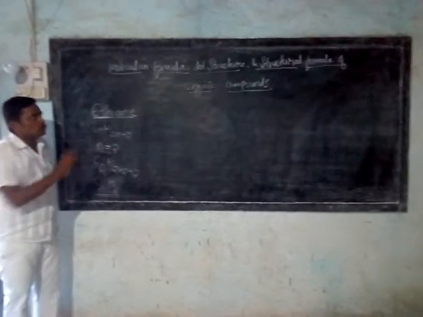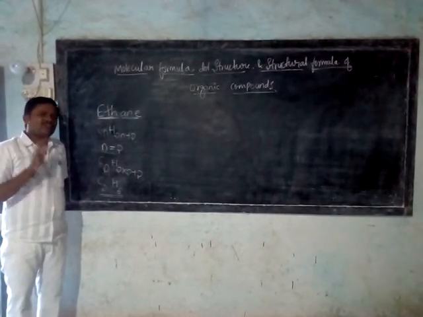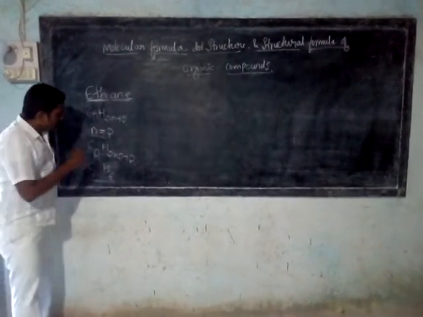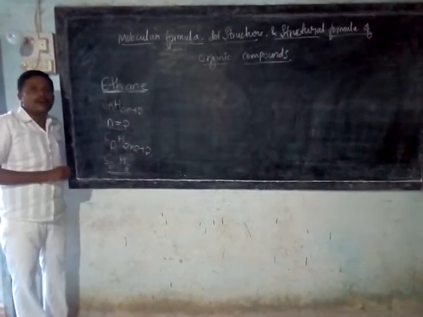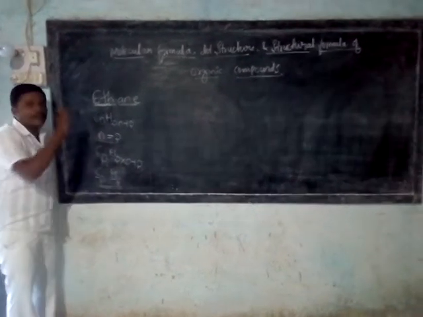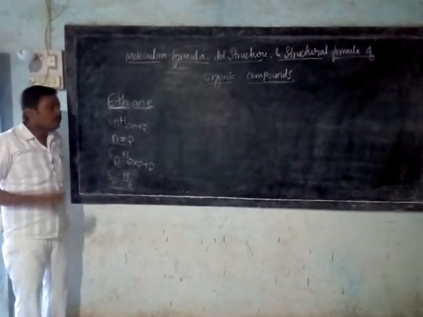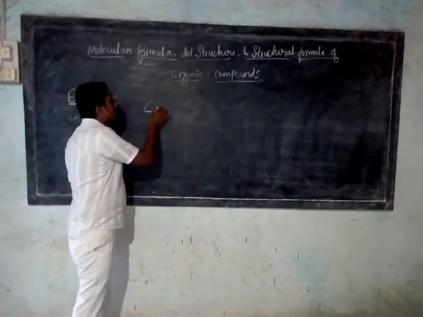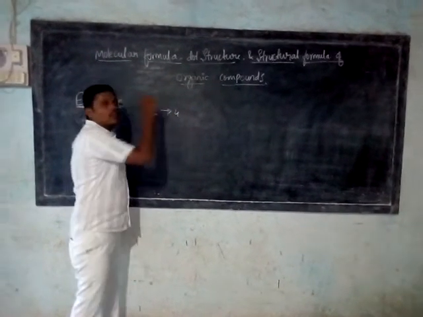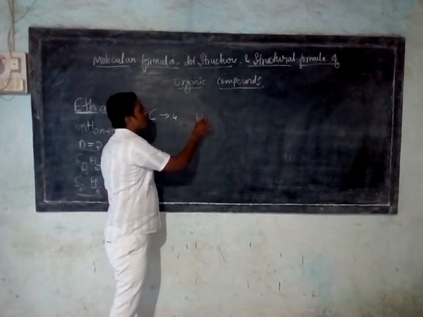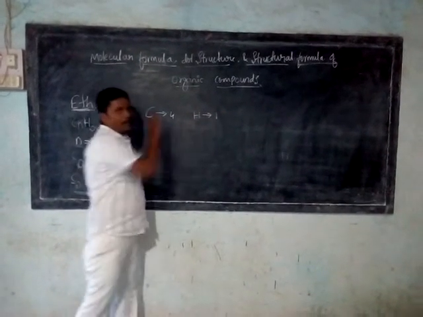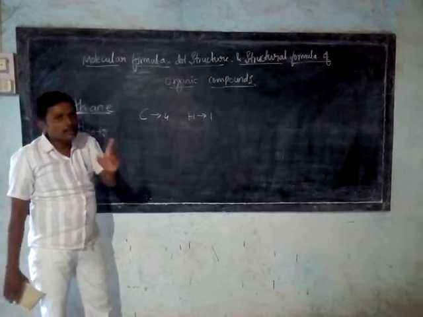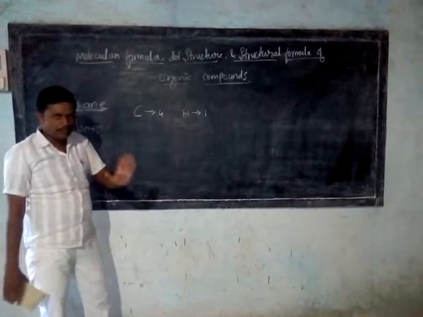Now we have to go through the dot structure. Before writing the dot structure, first we have to understand the valency of carbon and the valency of hydrogen. Already we know carbon has valency 4, and hydrogen has valency 1. So we have to put 4 dots for each carbon.